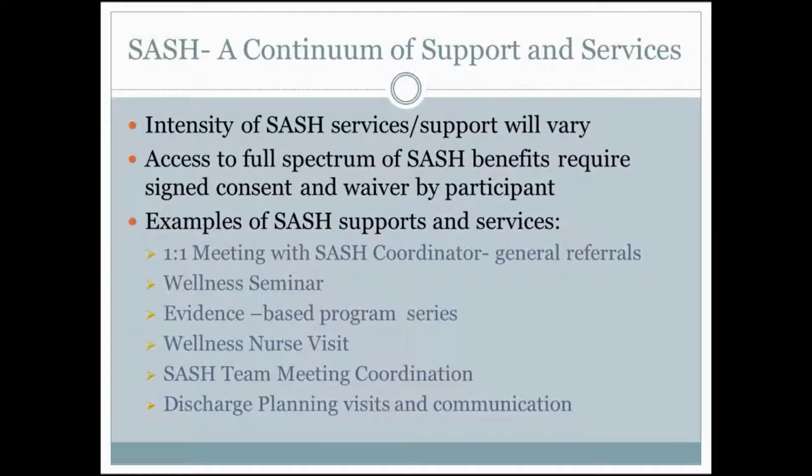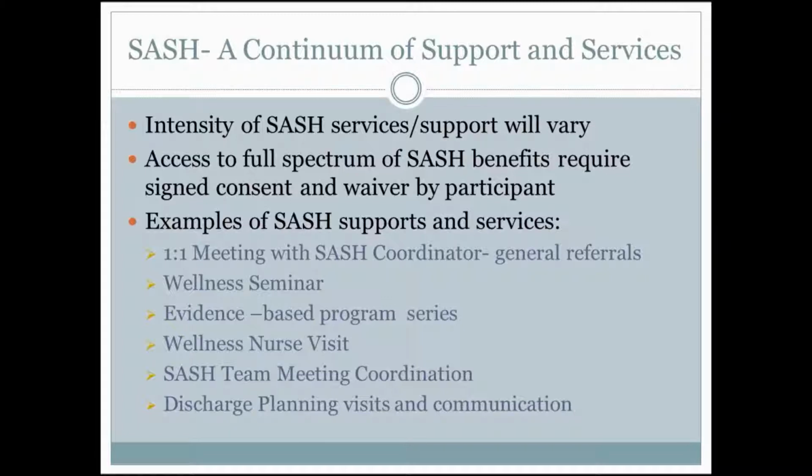And the point is that the intensity of SASH support and services is really going to vary, because it's going to depend on what the participants' needs are, what the participants' desires are, kind of what situation the participant finds themselves in.